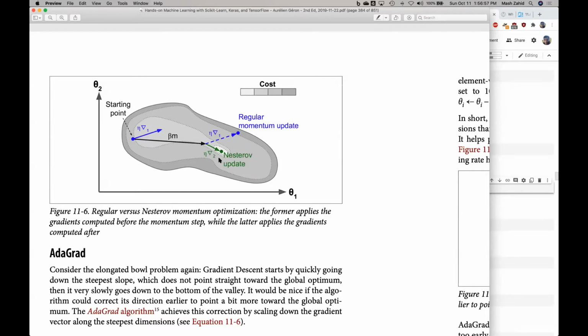Okay, I get what you're saying. So we are saying Nesterov fixes the direction of your gradient as well as the magnitude, because the green dot is our optimal minima. That's where we want to be.